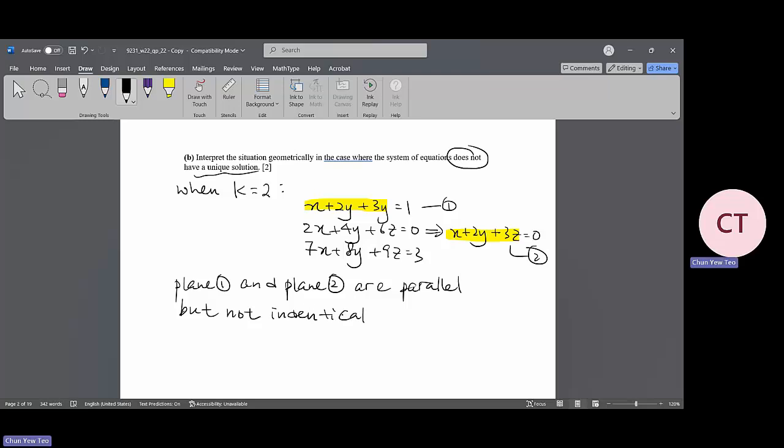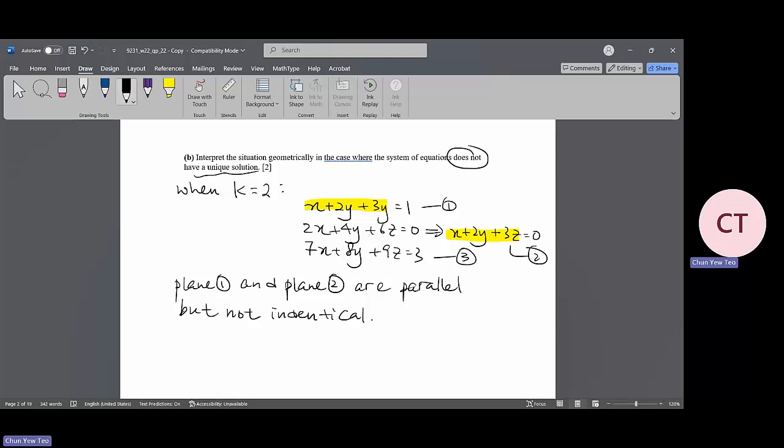We need to highlight this because parallel could be this case, but parallel can also be two planes that overlap. If these two planes overlap, they also share the same normal vector. So it's important to highlight that they are parallel but not identical.